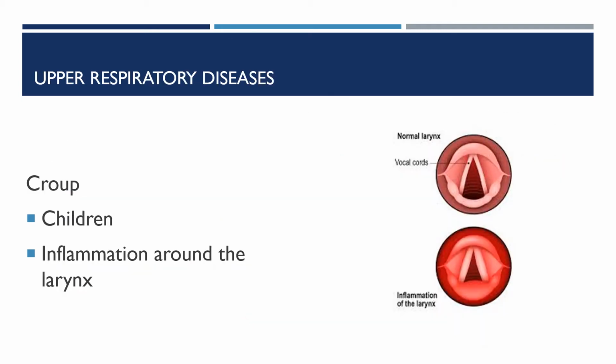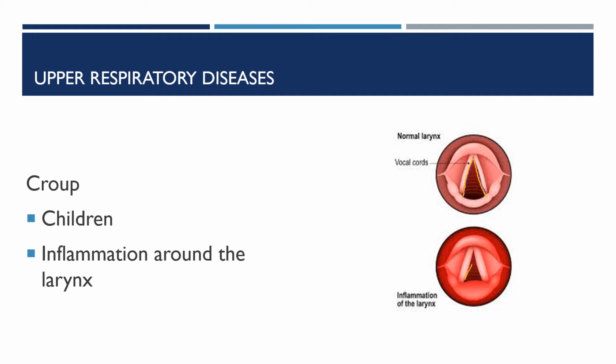Croup. Croup is a disorder that happens in children, and it's caused by an inflammation around the vocal cords. So if you look at the top picture here, your normal vocal cords, and you can see all the space that's in here. If you look at this bottom picture, we now have inflammation of the larynx.